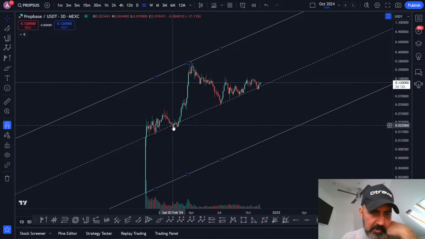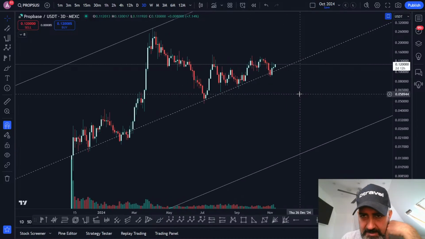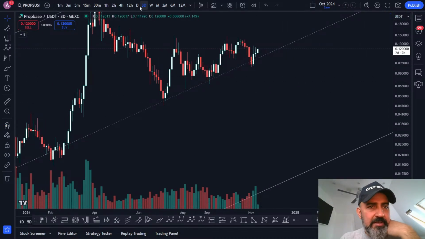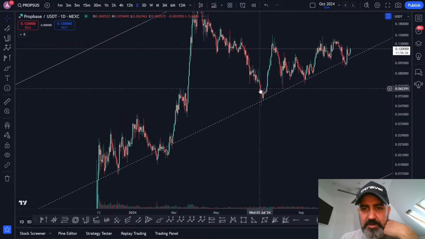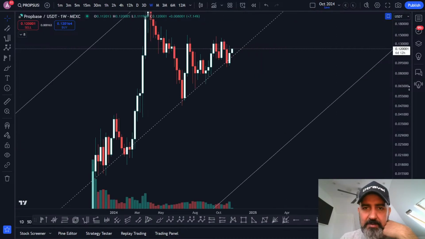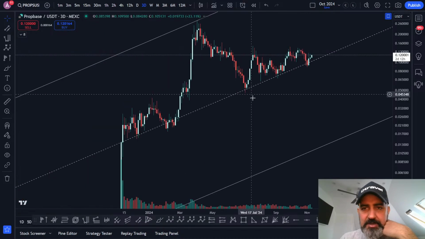So you lose it here at the midpoint. The midpoint isn't 100% exact, but it is really, isn't it? When you look at it, it wicks through, and this is the 3-day chart. So if you go in the daily chart, it's going to look slightly different. And obviously, the higher the time frame, the better. It looks quite good right now on the 3-day chart.